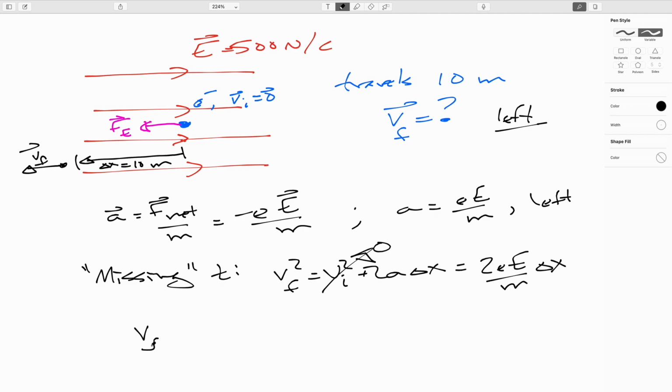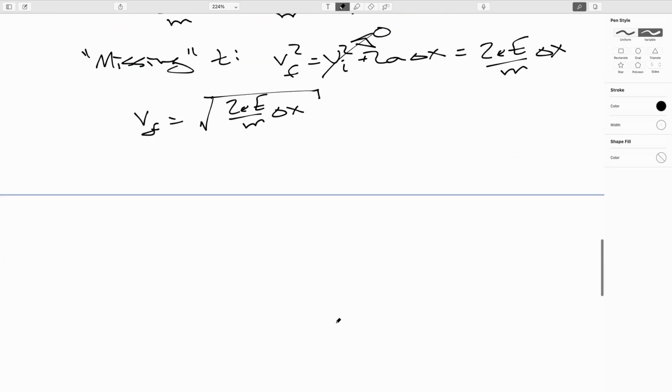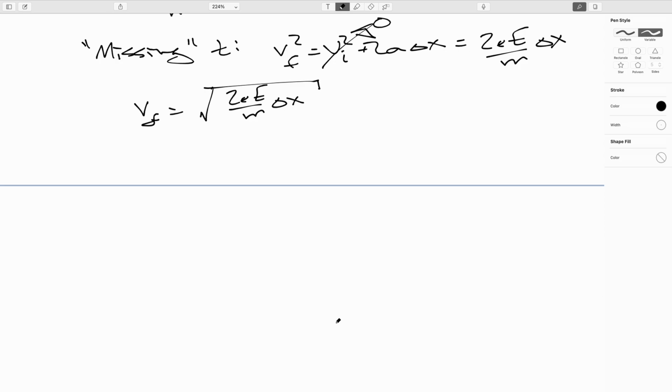So V final equals the square root of 2eE over m delta x. And notice that I'm still leaving this all as letters. In part, this is because it's easier to catch your algebra mistakes, and also it avoids things like accumulated round-off errors, which can really throw off your answer to a problem.